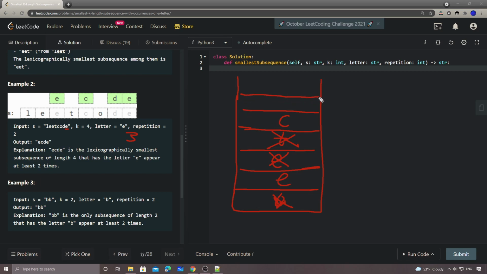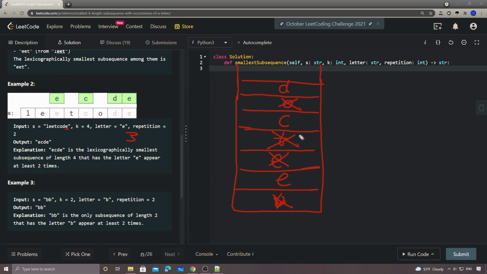So after this one we have an O. O is bigger than C, that's why we cannot pop. And then we have D. Again, D is smaller than O, then O is gone.